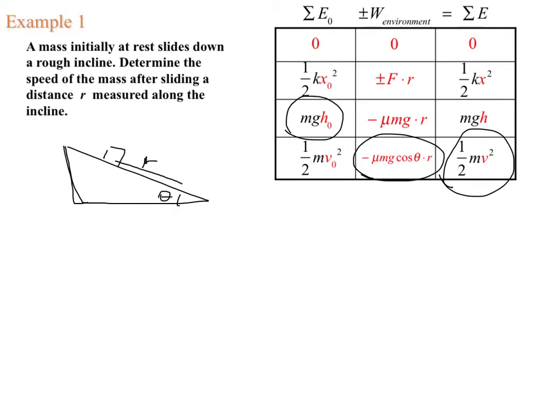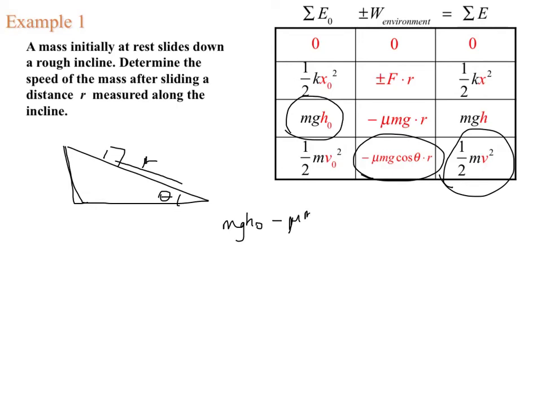So again, at the very beginning, we have mgh. So I can say mgh, and then again, friction acts against my object to slow it down, so it's going to be a negative work done by friction.